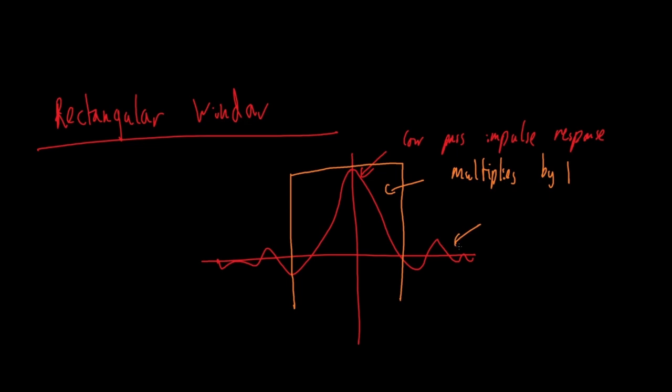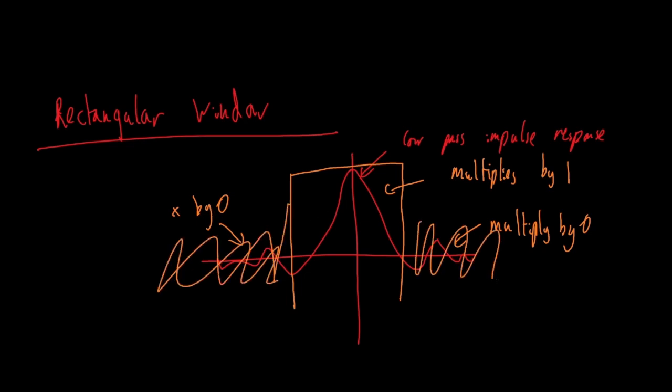And everything outside the rectangle function is multiplied by 0. This means that everything outside the rectangle is removed. And the rectangle only keeps everything inside it.